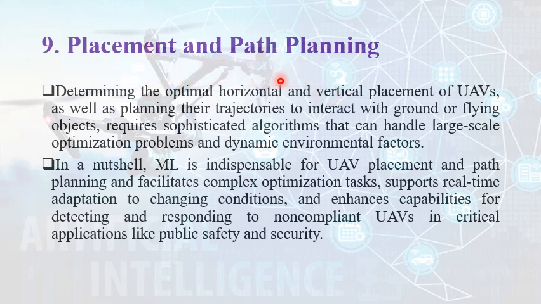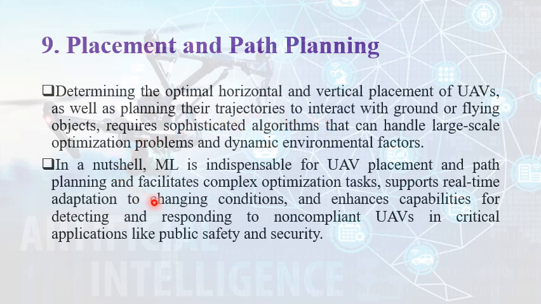For path planning, the state and action space is very large. We have infinite points for the UAV trajectory, and we cannot use traditional approaches. We need to use machine learning approaches such as deep reinforcement learning to handle this large state and action space.